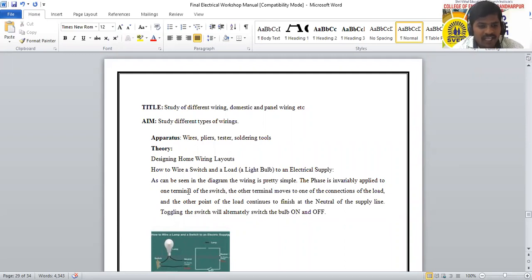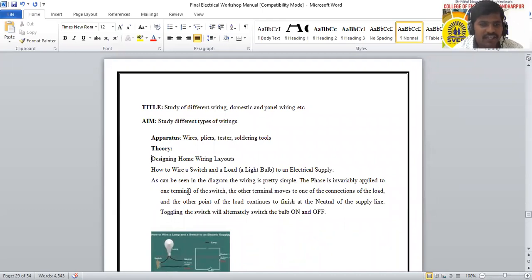How to wire a switch and a load: in home wiring the load may be a light bulb connected to the electric supply.